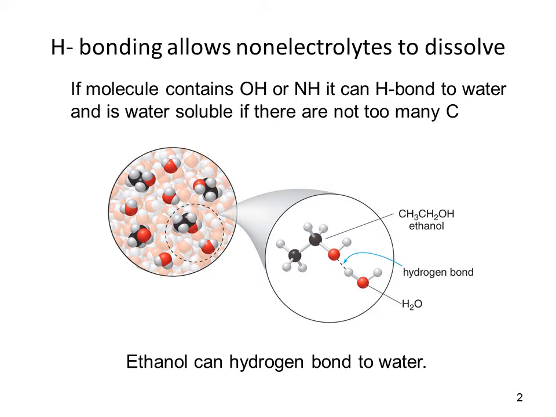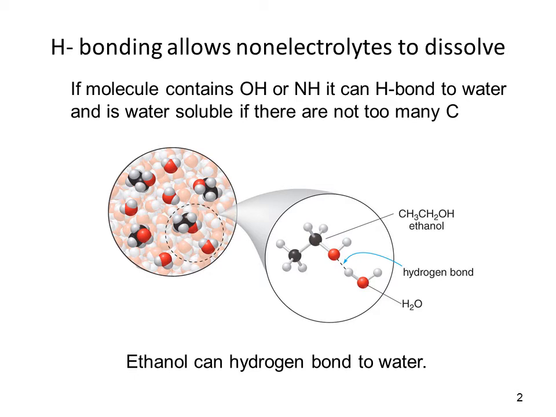But part of this molecule has an oxygen-hydrogen bond, as we can see in this little picture here. The red is oxygen and the white is hydrogen. That part of the molecule is very polar and will hydrogen bond to water. You can see there's a dotted line from an oxygen in an ethanol to a hydrogen in a water molecule.